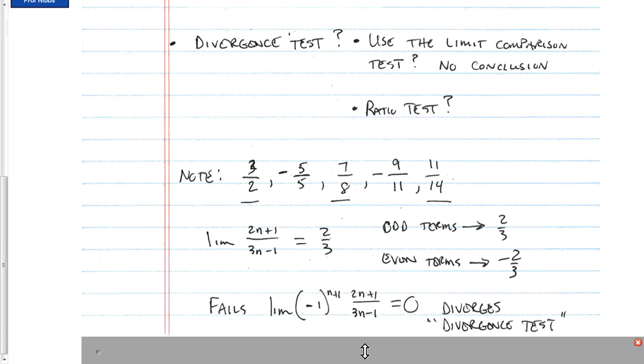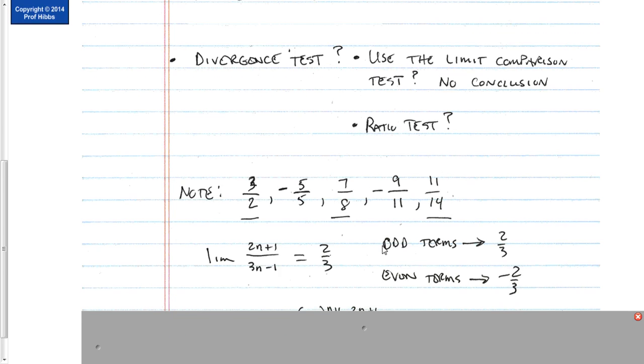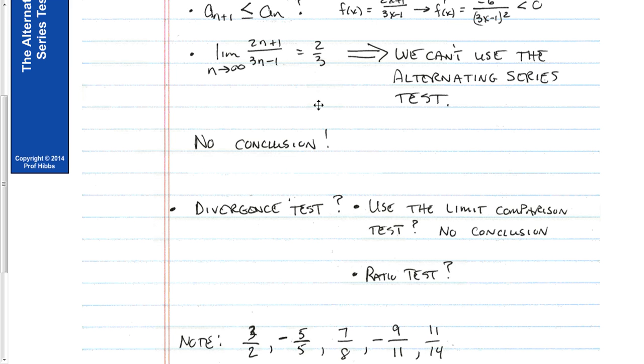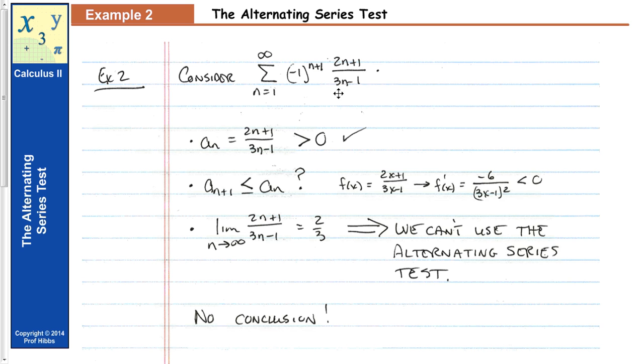This is a big mess, okay? Here's where I'm at. Way back up here, I kind of paused a little too early. Now, to use the divergence test, we actually wouldn't be just looking at the a sub n's.